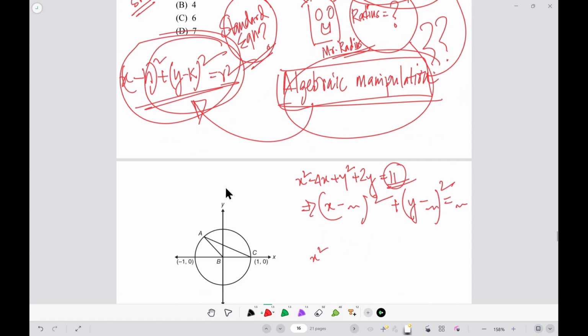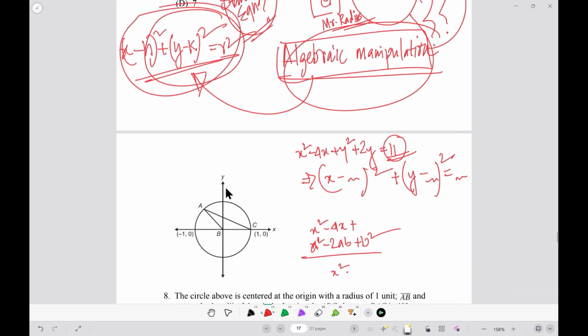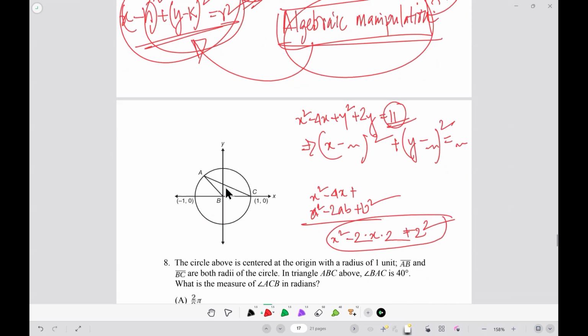For an example, a squared minus 2ab plus b squared, right? If you break it, it will look like x squared minus 2 into x into 2 plus 2 squared. Then it becomes a complete square, right? This is nothing but x minus 2 whole square.